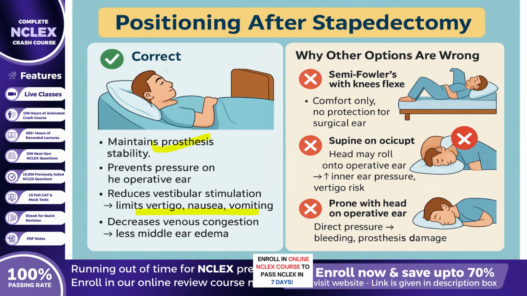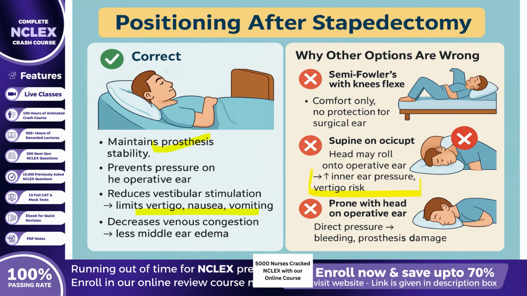Proper positioning is therefore essential. Keeping the client flat with a slight elevation and turning the head toward the non-operative ear has 3 advantages. It prevents pressure on the operative ear, it reduces vestibular stimulation that could worsen vertigo, and it decreases venous congestion to limit edema in the middle ear. This position is evidence-based and safest within the first 24 hours.